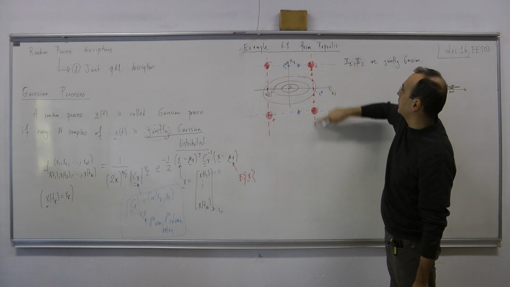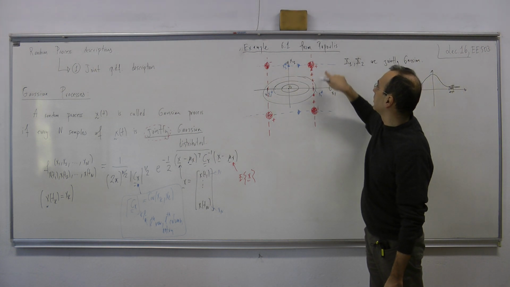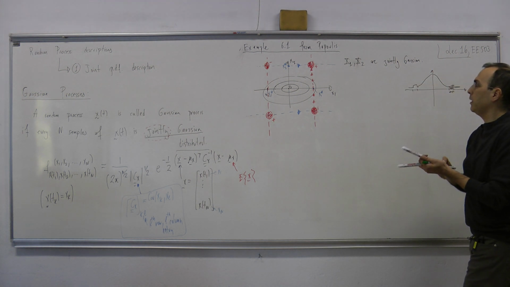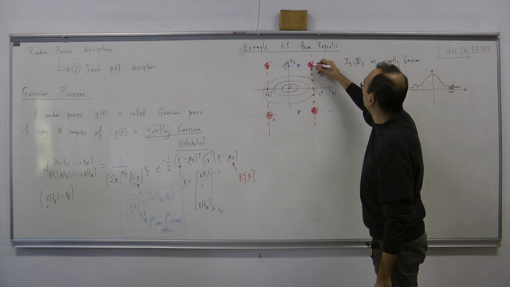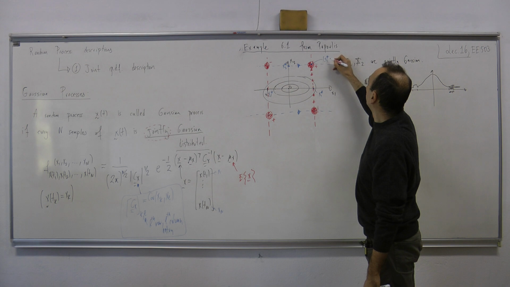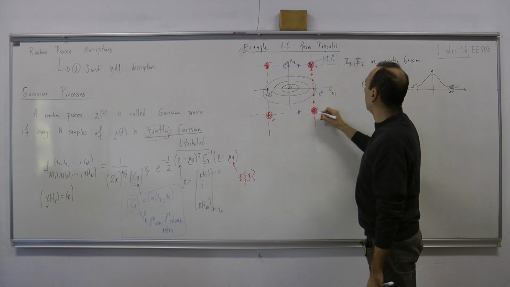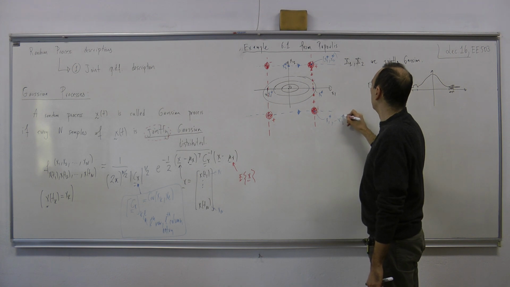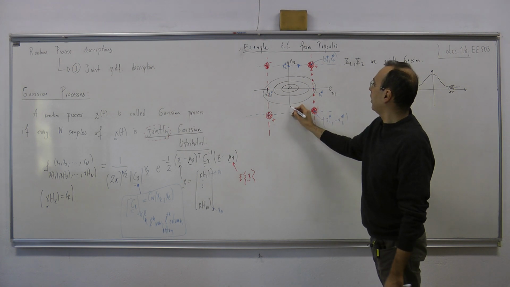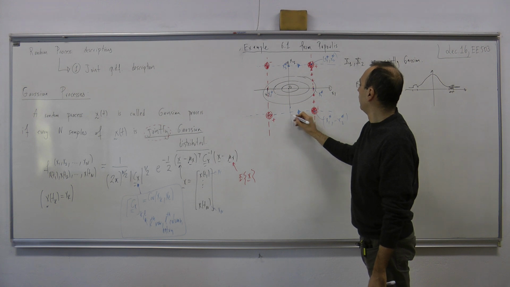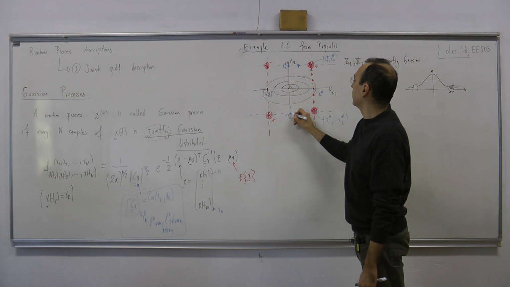The marginal distributions at x1 star and x2 star stay the same. So this point is x1 star, x2 star. This is x1 star, minus x2 star.